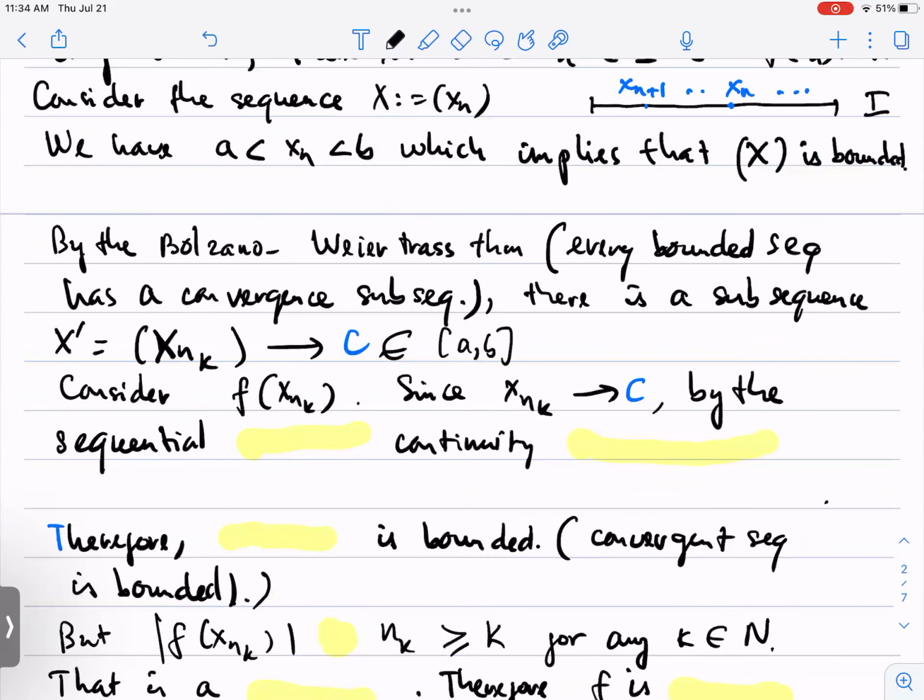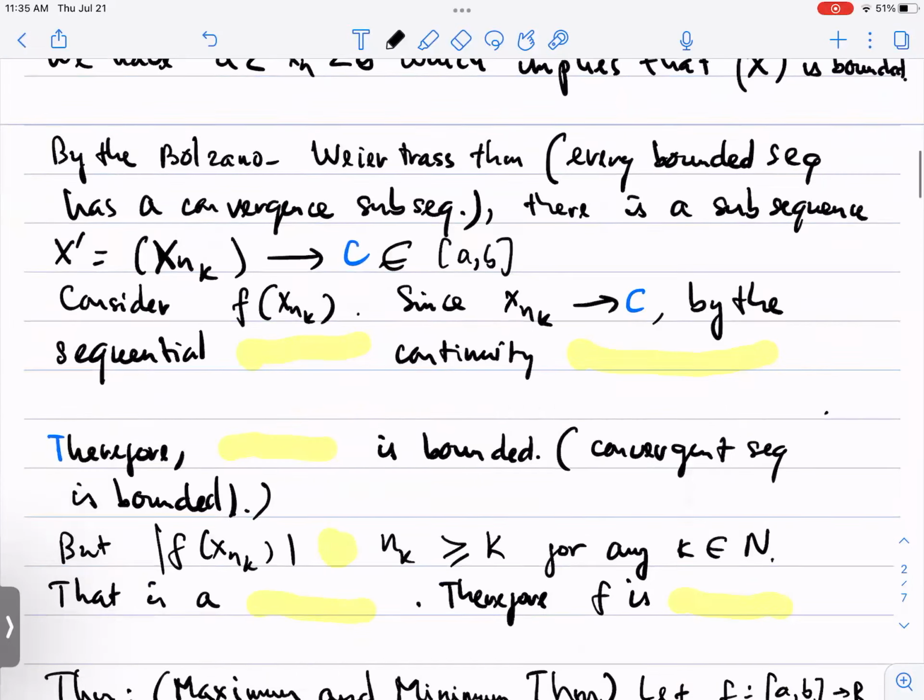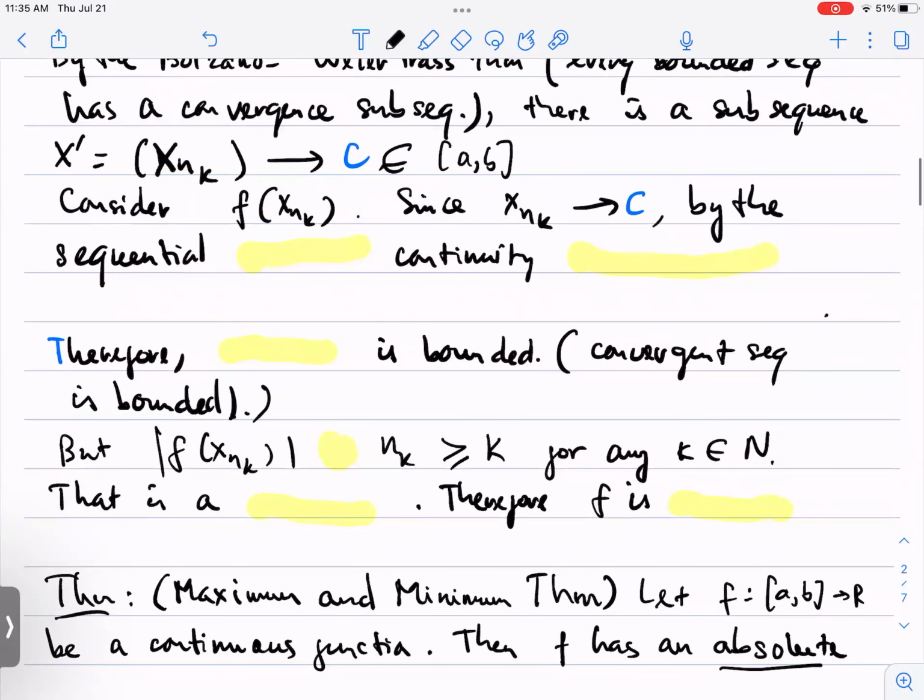Now, by the Bolzano-Weierstrass theorem, which says that every bounded sequence has a convergent subsequence, we can extract a convergent subsequence from this sequence. So let's call this subsequence x prime, consisting of elements denoted by x_nk.